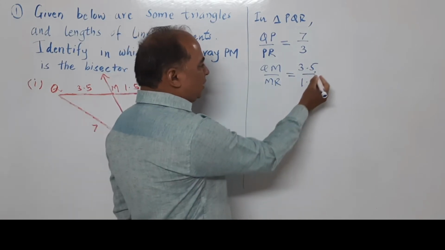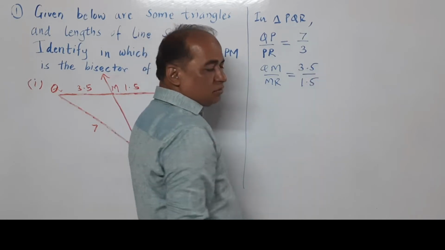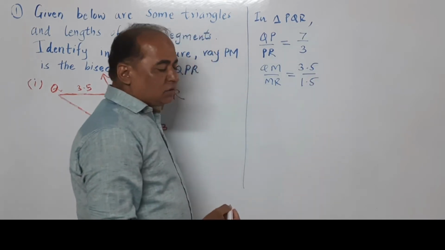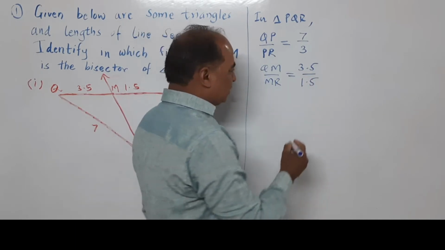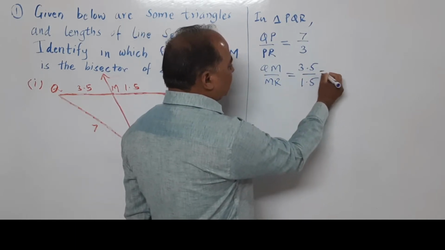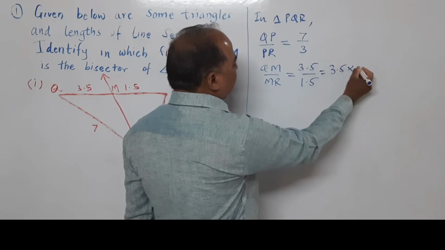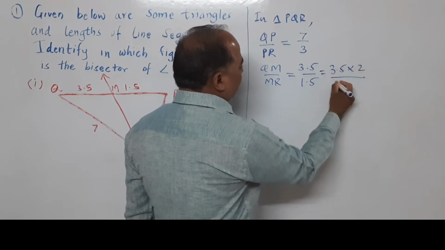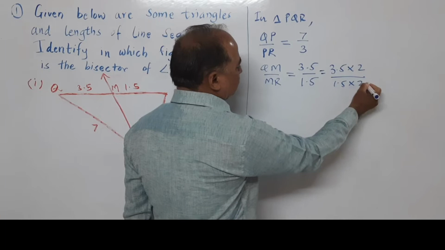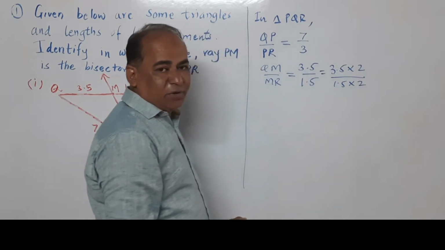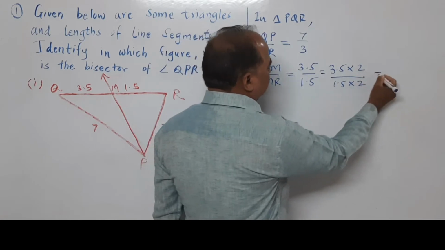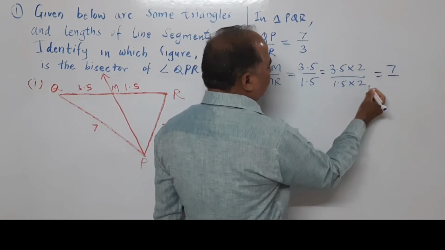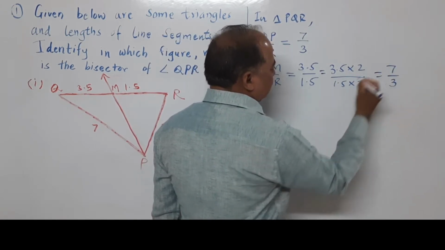If we give a common multiple to this ratio QM upon MR, the value of the ratio doesn't change. So here we will give the common multiple 2: 3.5 into 2 divided by 1.5 into 2. So 3.5 into 2 is 7 and 1.5 into 2 is 3.